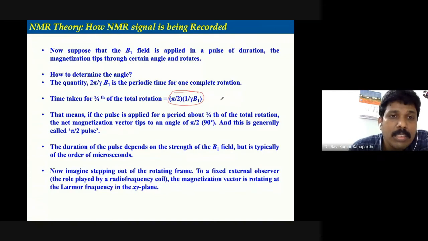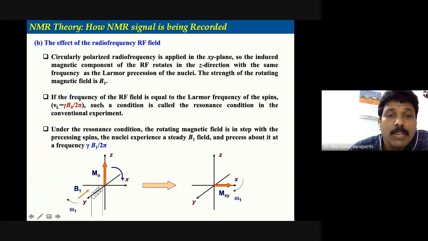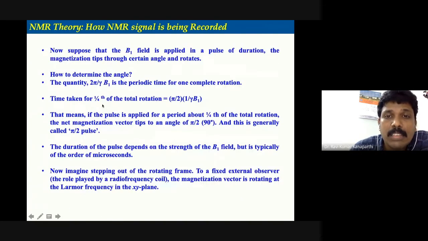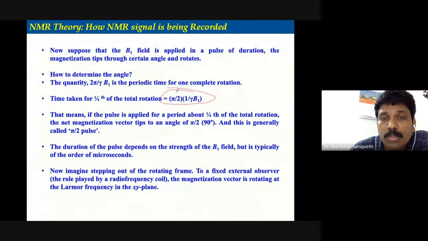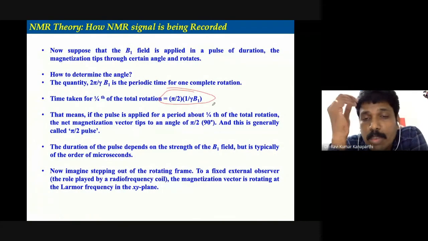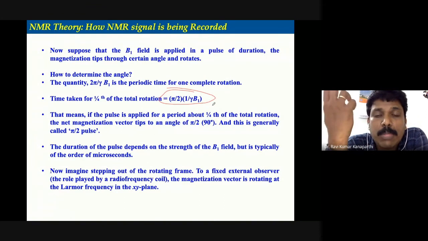The periodic time is the reciprocal of the Larmor frequency, and I'm considering a time that is 1/4 of the total periodic time. That becomes pi by 2 multiplied by 1 over gamma b1. Pi by 2 is the angle, nothing but 90 degrees.